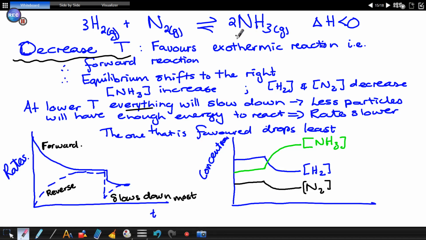As more ammonia forms, this will become more, because the forward reaction is favored by the decrease in temperature. The reverse reaction will speed up, and that is what is indicated by that increase in rate of reaction. And as the reverse reaction speeds up, the forward reaction will slow down to reach the new equilibrium.